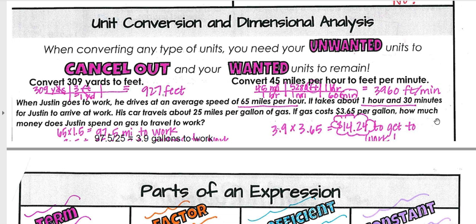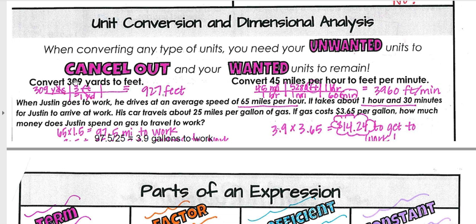So when we talk about things like units, we often get into unit conversion and dimensional analysis, and this is just when we're converting our units. So when converting any type of unit, you want your unwanted units to cancel out. And then your wanted units, you want them to remain. So here, if I want to convert 309 yards to feet, I take my 309 yards and I want to eliminate yards.